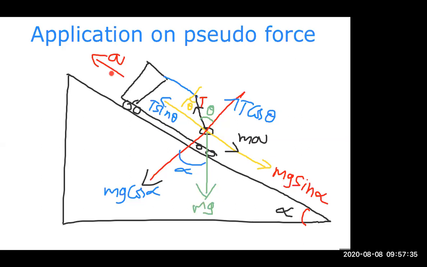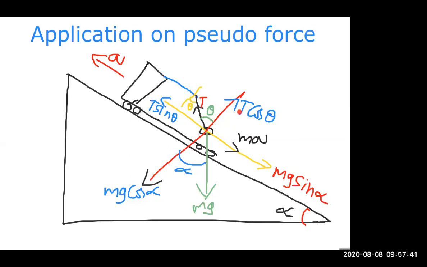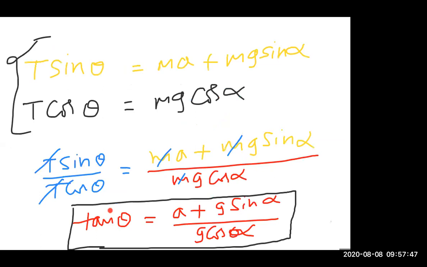So if you observe the forces, the force opposite to T sin theta is MA plus mg sin alpha, and the force opposite to T cos theta is mg cos alpha. From that information, by taking those equations and dividing, I got tan theta is equal to A plus g sin alpha by g cos alpha. I hope now you are clear with this pseudo force application.